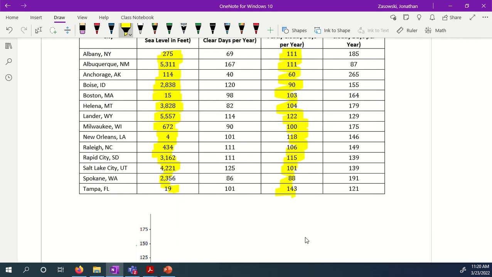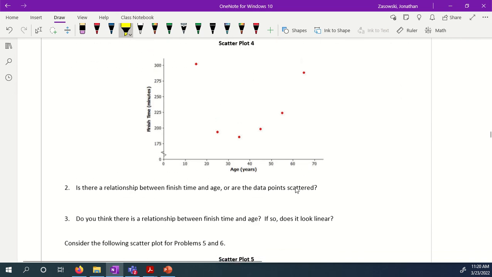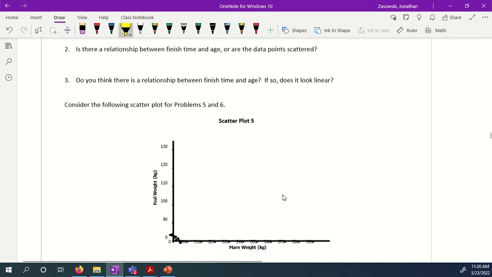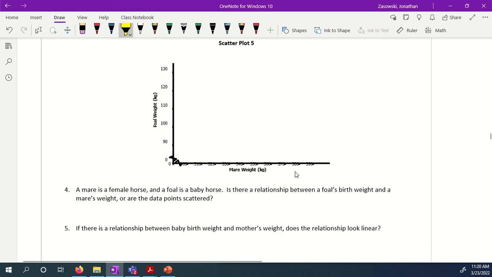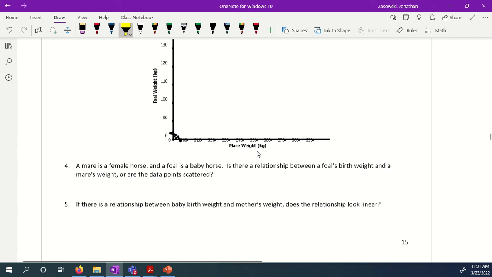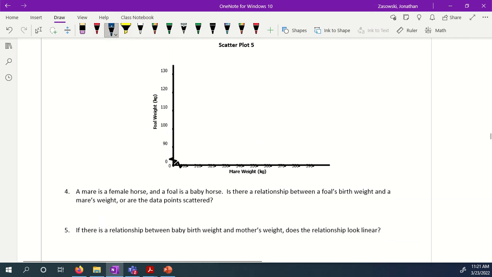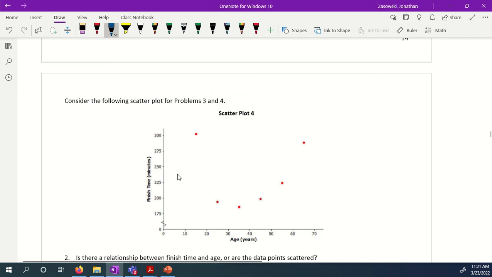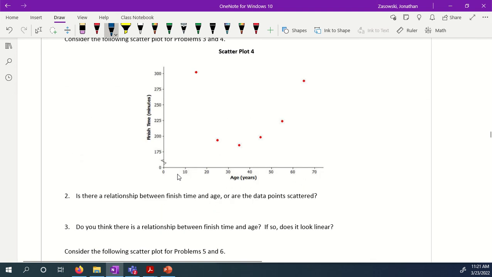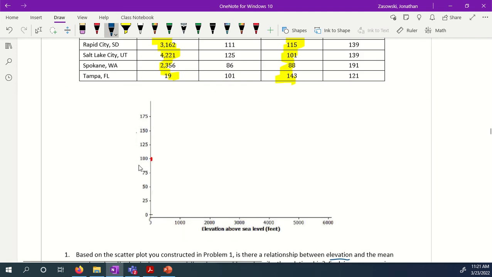So you're going to do a correlation with those, and then use scatter plot 4 here to help answer these questions right here, okay? And there's no graph on 5. So don't worry about number 5 here. We'll say skip 5 and skip these ones because there's no graph, at least on mine. All right. Okay. So just finish up to 3 and then the graph right here for homework tonight.